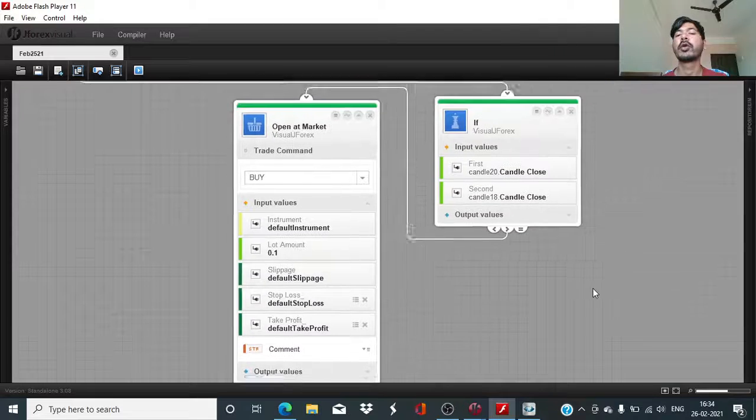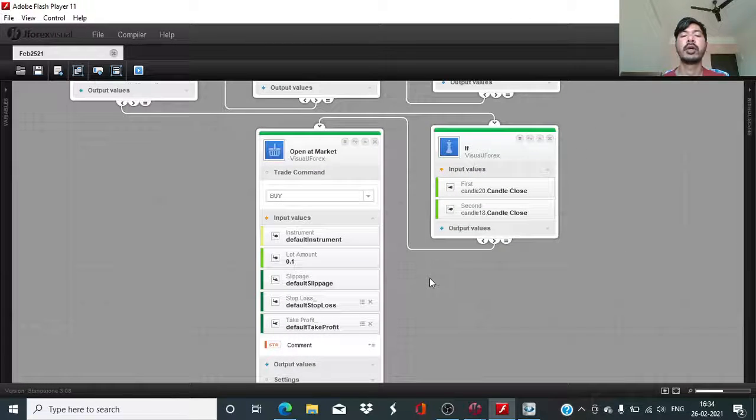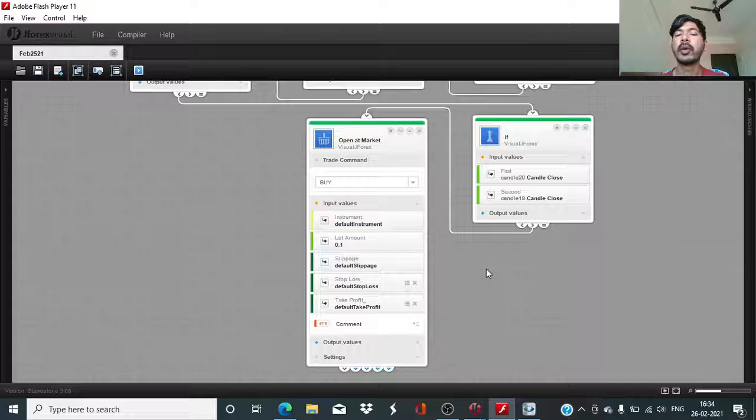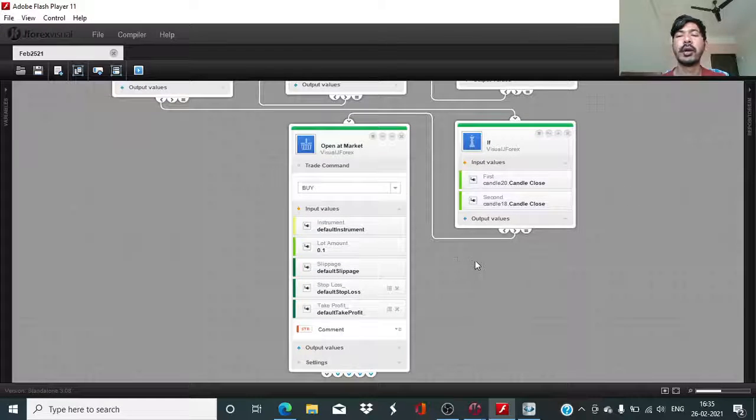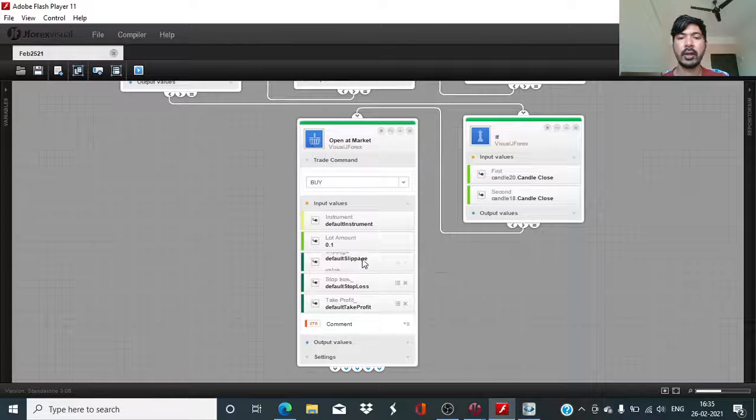So whenever you are going to define this, make sure it is appropriate for the amount there in the account.